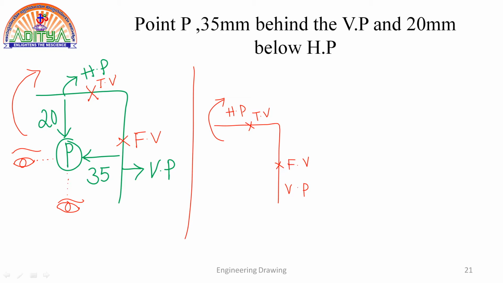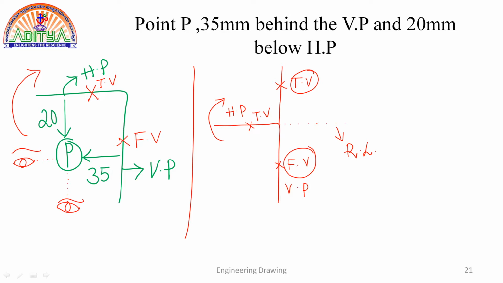As we rotate this horizontal plane, the top view will be here. These are our required views, front view and top view. Assume here a reference line, RL. So, by this we can say that in third angle of projection, above the reference line we are getting the top view and below the reference line we are getting the front view.